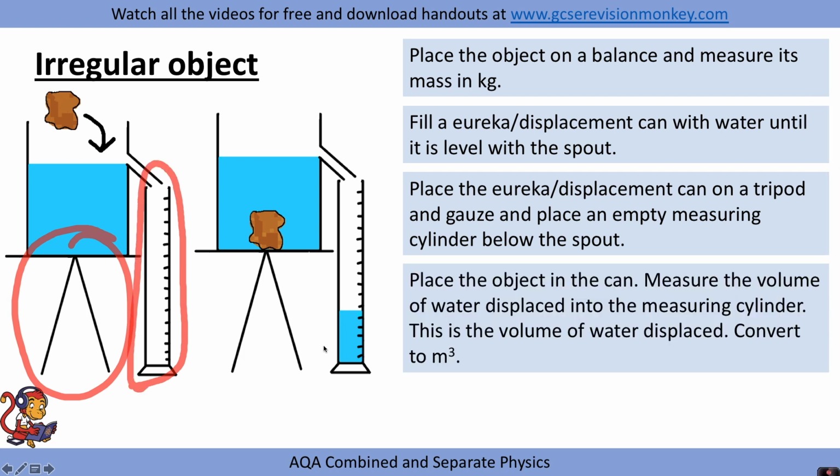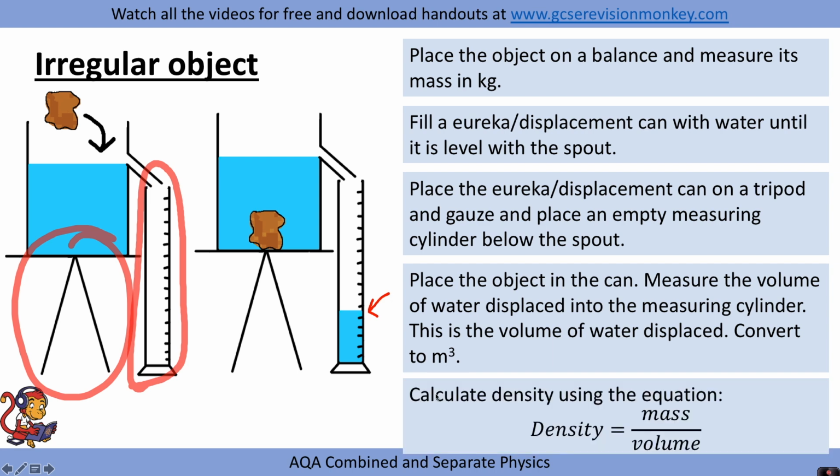We will then place the object in the can and measure the volume of water displaced into the measuring cylinder and convert this to meters cubed. So then we can put our mass into our equation, divide it by our volume, and we will therefore be able to calculate the density in kilograms per meters cubed of the irregular object.